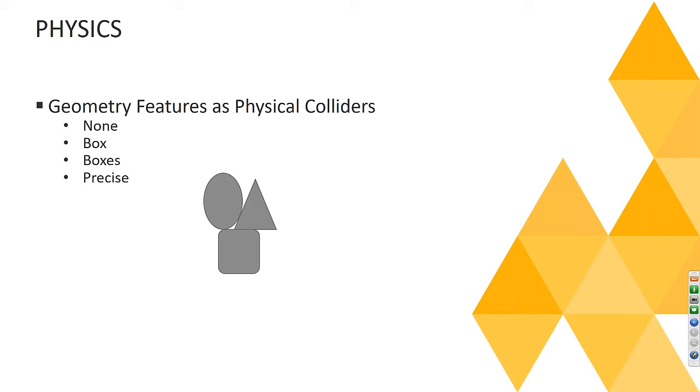So for that reason, we have a control for what you want to actually include into the physics calculation and what not. And in the feature tree, we can define the colliders. The physics collider means that that part of the feature will go to the physics calculation. Each feature has a selection of none, box, or precise.